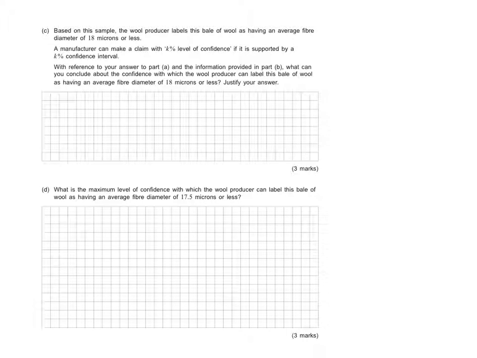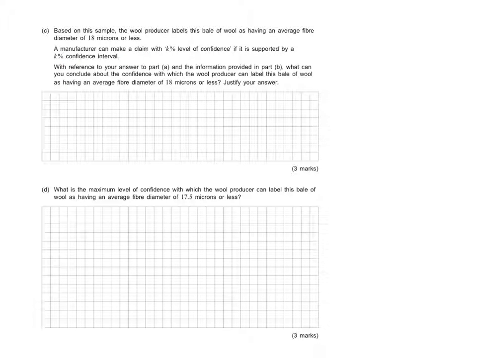Now, based on this sample, the wool producer labels this bale of wool as having an average fiber diameter of 18. So now average, 18. A manufacturer can make a claim with K percent level of confidence if it's supported by a K percent confidence interval.